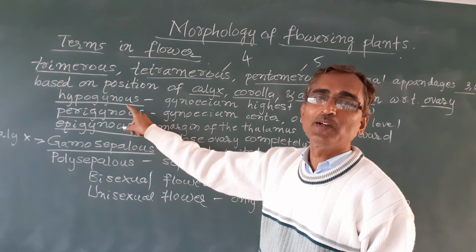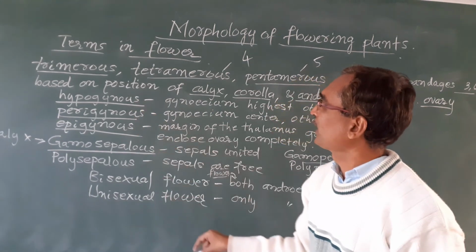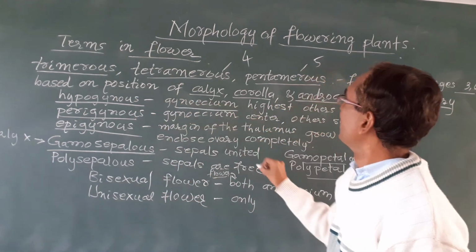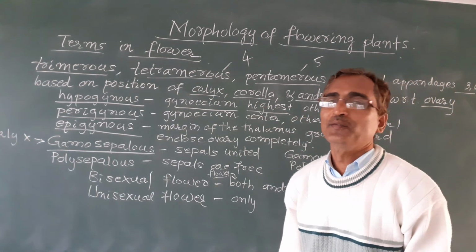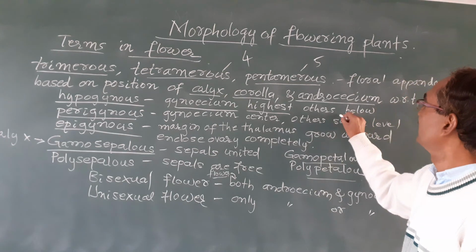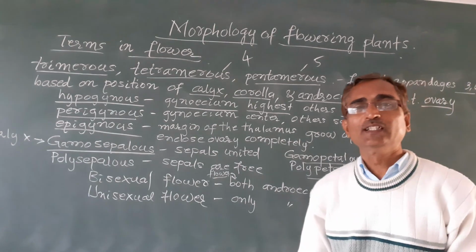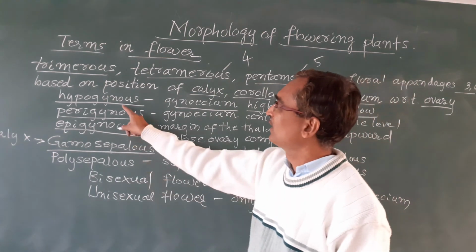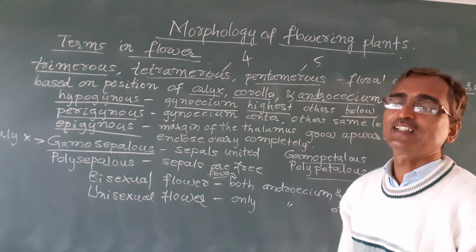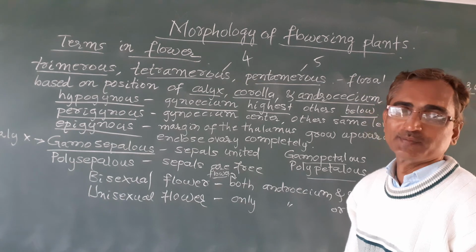In case of a hypogynous flower, the gynoecium is at the highest position and the other parts are below the gynoecium. Such flowers are known as hypogynous, and here the ovary is said to be superior.